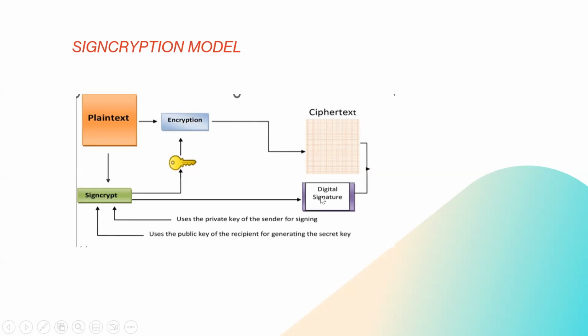And then the third process is digital signature. For this digital signature, he will use his own private key and sign this, and then he will be sending the cipher image and the digital signature to the recipient. So this is the signcryption model.